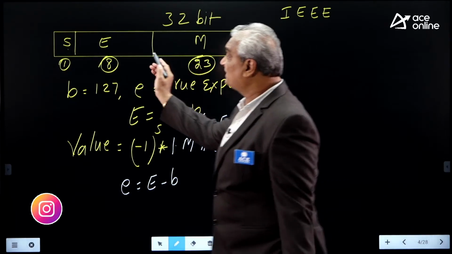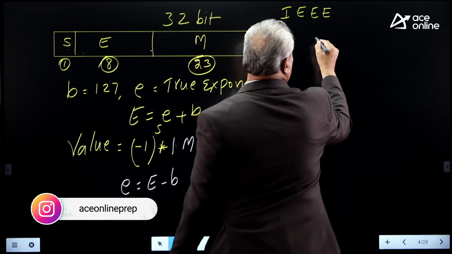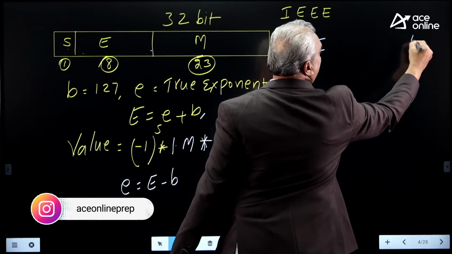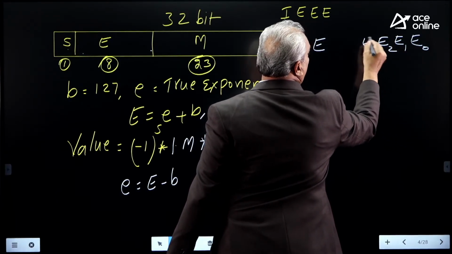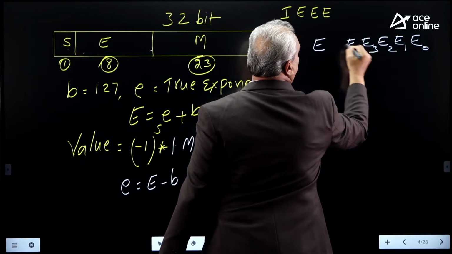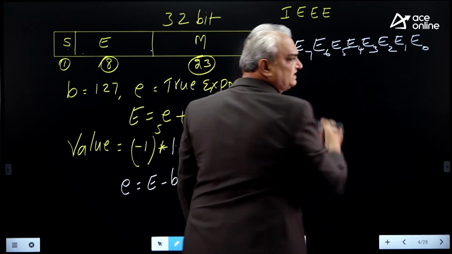What is the size of the exponent field here? 8 bits. Let the exponent field be E0 to E7.